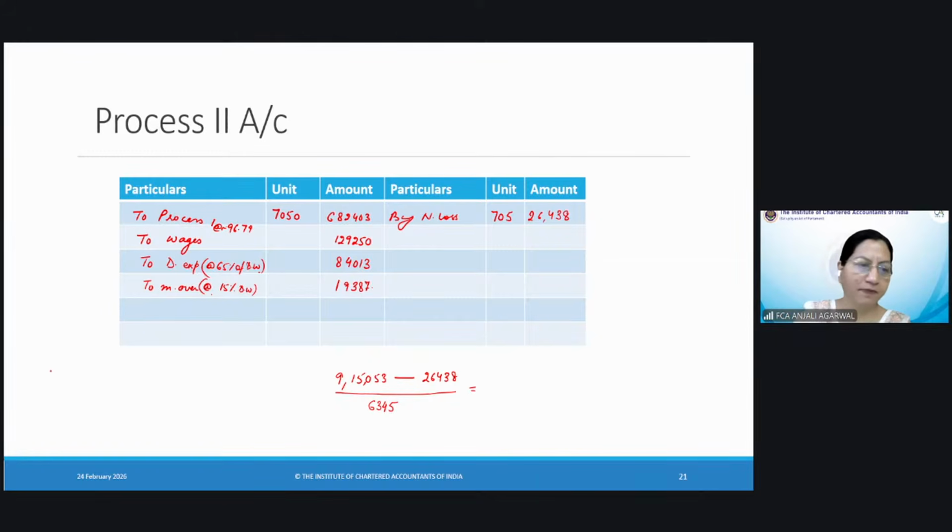All this will be part of your working notes. Calculating the cost of units produced on the basis of normal output.